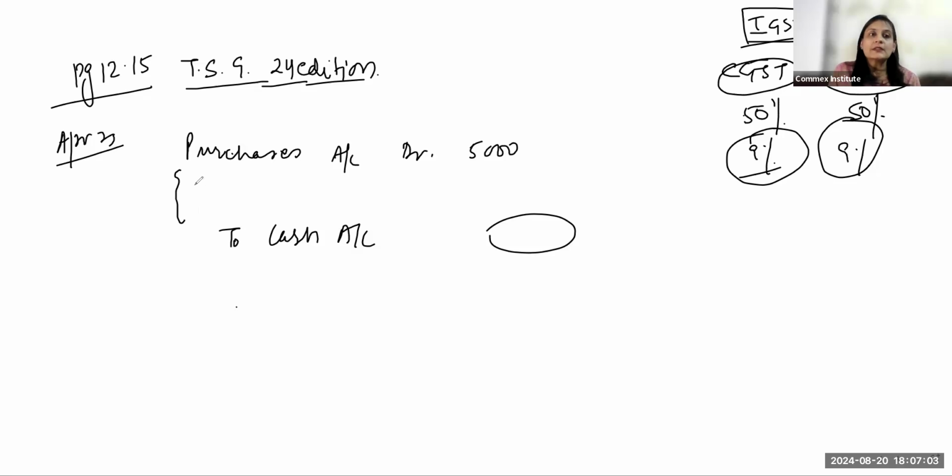Okay? So because it is intrastate, or they have already given us that it is CGST, SGST, we don't have to go into that debate whether it is intrastate or interstate. It is clearly visible that it is intrastate because they have given CGST and SGST. So we'll do input CGST account debit, and input SGST account debit.